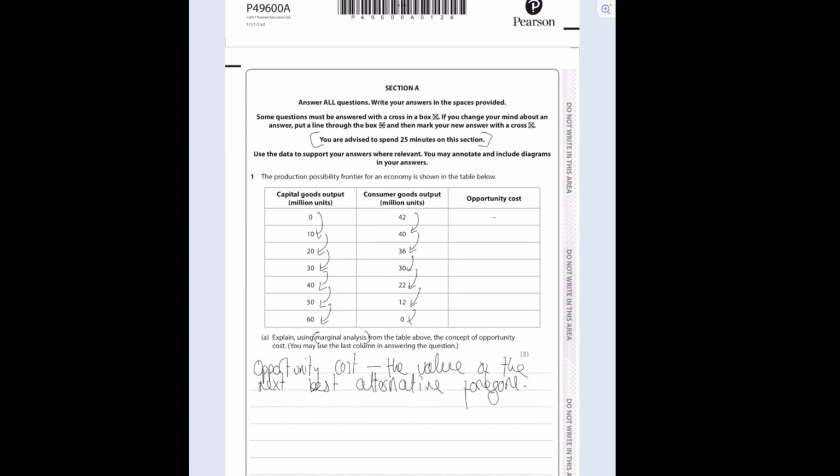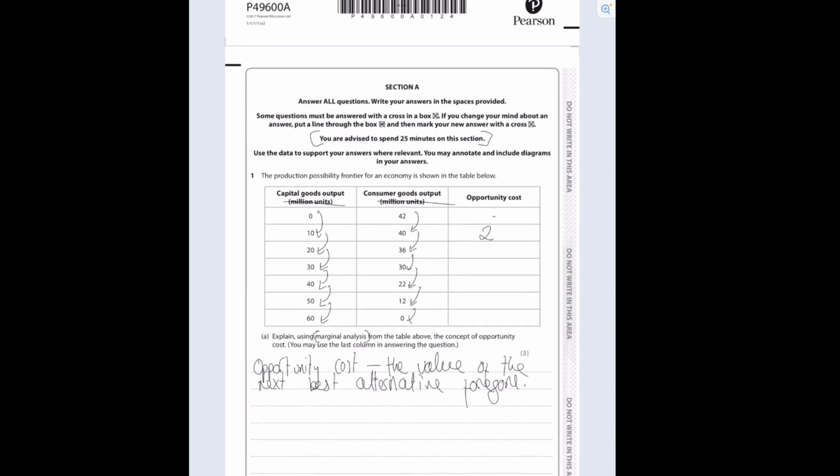We don't need to worry about units because they've been placed into million units, so that's inconsequential. For the first one, if I create 10 more capital goods, I'm giving up 2 million consumer goods. That is the marginal analysis going from 0 to 10, the change that we're analyzing.